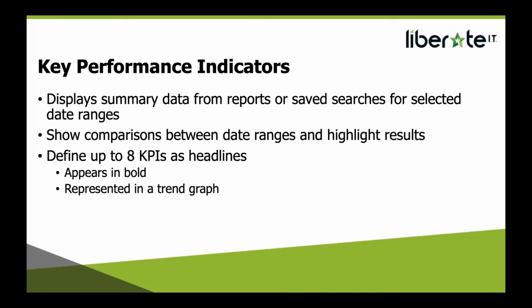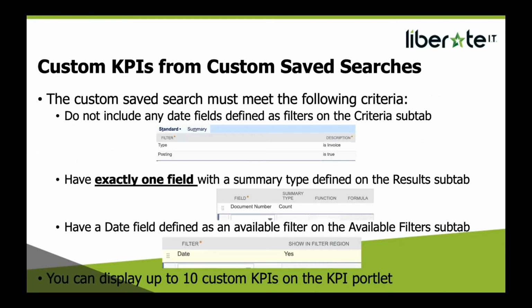So make sure you follow these criteria when you are creating custom saved searches for KPIs. First, do not include any date fields defined as filters on the criteria subtab, just like this. So my filter is limited to type, all right, or on posting. Make sure you don't have the date criteria there.